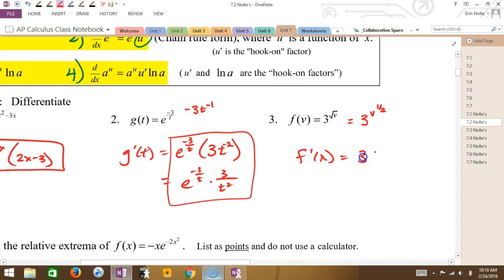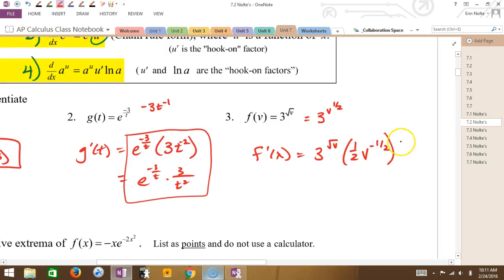So we're going to have 3 to the v to the 1/2, and then we have to multiply by the derivative of the exponent. So the exponent is v to the 1/2, so what's the derivative of v to the 1/2? 1/2 v to the negative 1/2. And then I also have to multiply by the natural log of my base number.